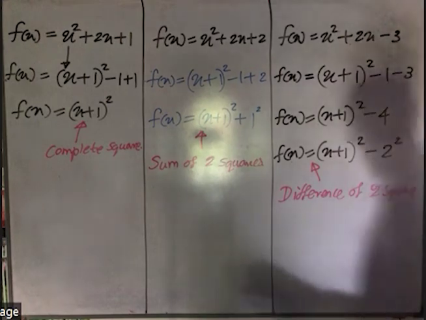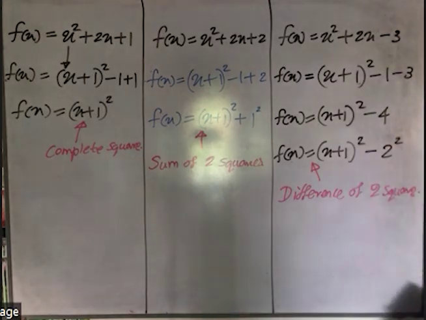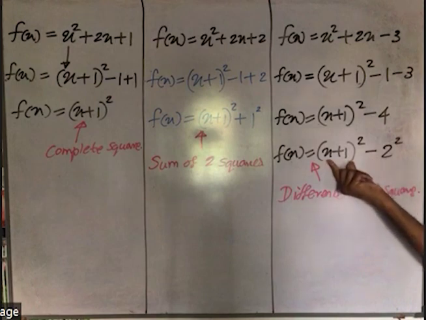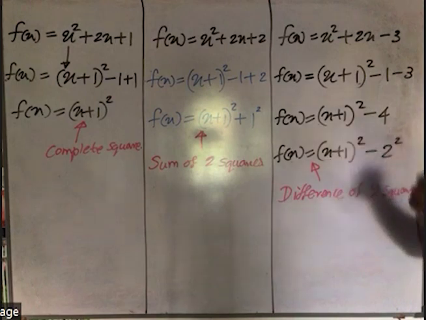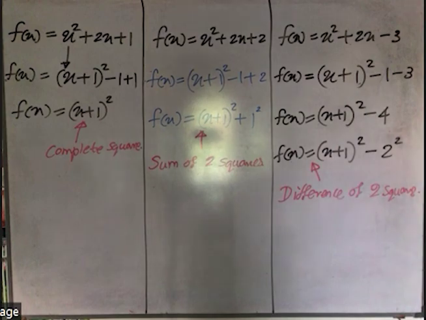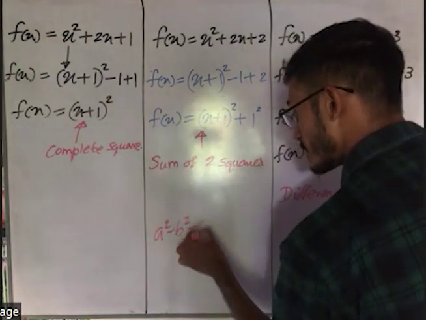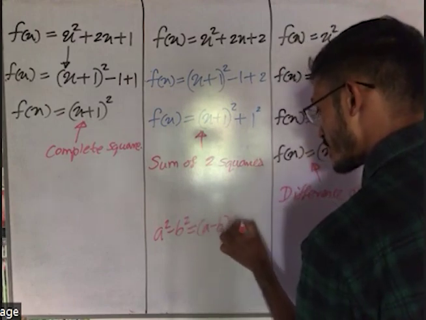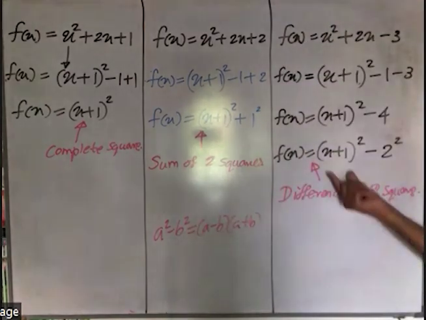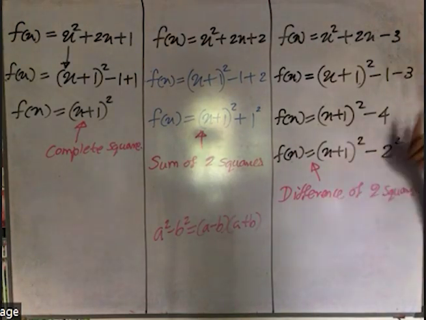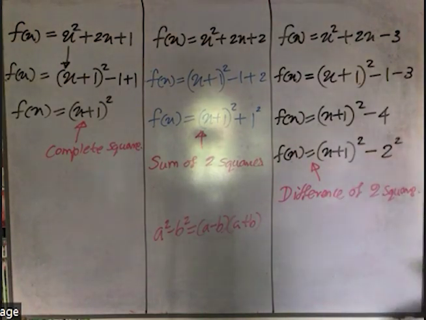Now because we have the difference of two squares, we can factorize this using the difference of two squares formula. We know that a square minus b square equal to a minus b into a plus b. Here we consider this one as a, this one as b. So a minus b is the first factor, a plus b is the second factor.